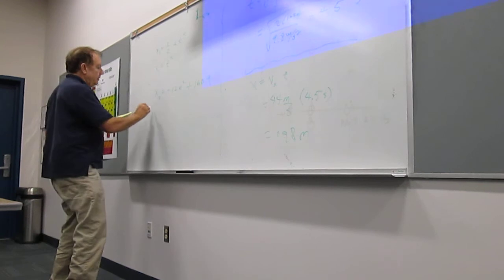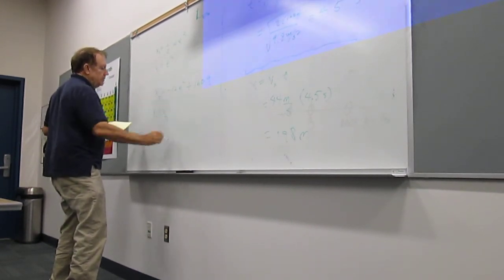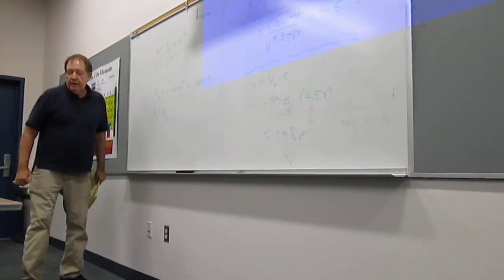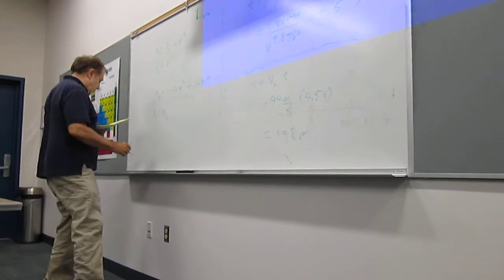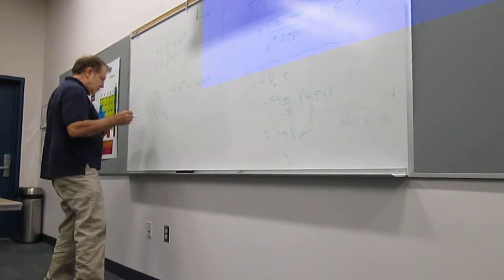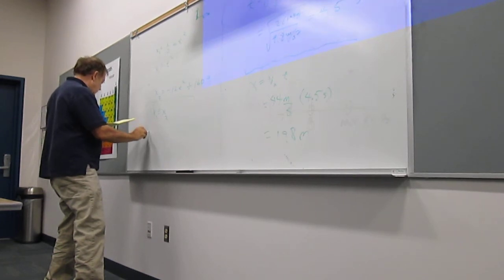So now we just set x1 equal to x2, set those two equal, right? Because we want to know the time at this position where the two are adjacent to each other. So we have an equation, let's start with the basic equation.